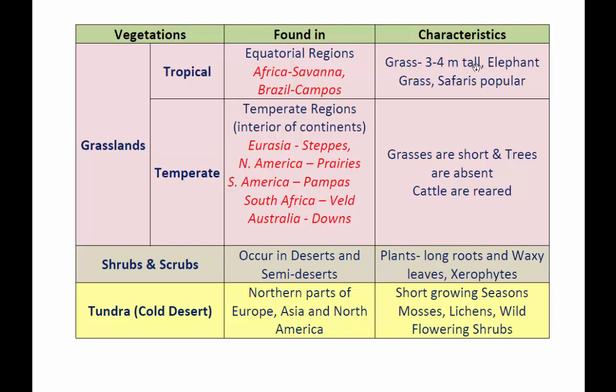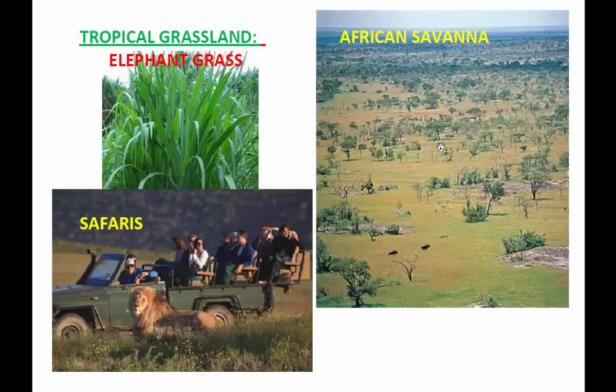Okay, let us see. Elephant grasses are very tall, and they have trees. Trees are mixed with the grass itself. And they have safaris. This is what I call a safari, a trip to see wild animals. So these are found in the tropical grassland.